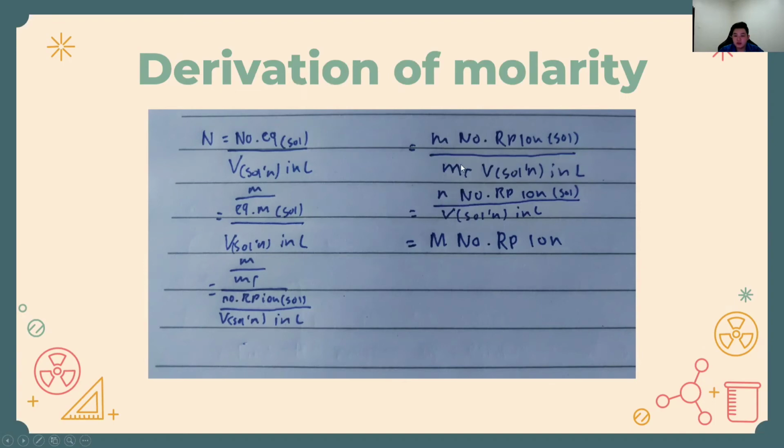And then M per MR is N. We put it here, so we transfer it up: N equals N times number of replaceable ion per V solution in liter. And this is how we get the formula.